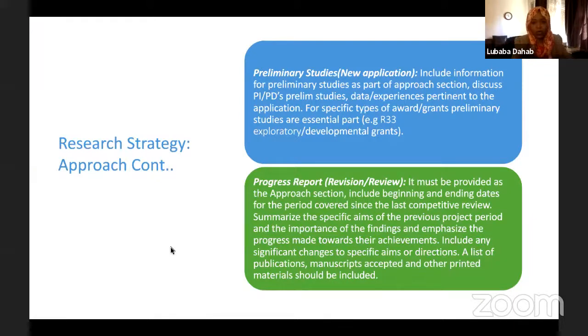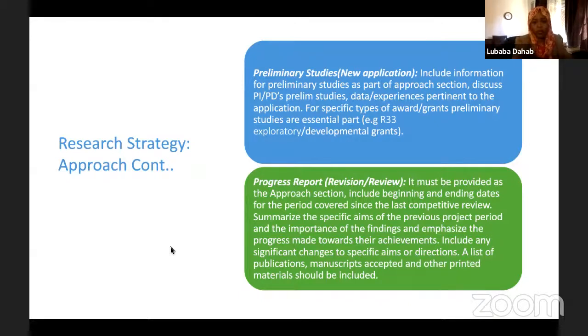This must include the beginning and ending date of the covered period, and what are the new things that you added after the reviewers asked you to add. You need to summarize the specific aims of the previous project period and the importance of the findings, and emphasize the progress made towards the achievement, including any significant change in the specific aims or directions.